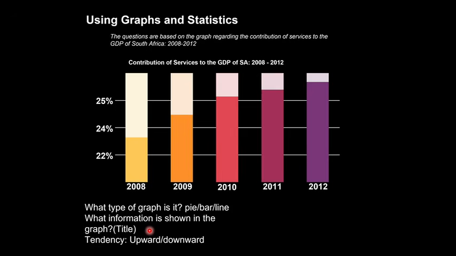Where do I get that? I get that in the title. Remember, you must have a title, and here it's written contribution of services to the GDP of South Africa 2008 to 2012. So you now know that's a contribution, right? And then you must see, does my graph or the statistics show a tendency?